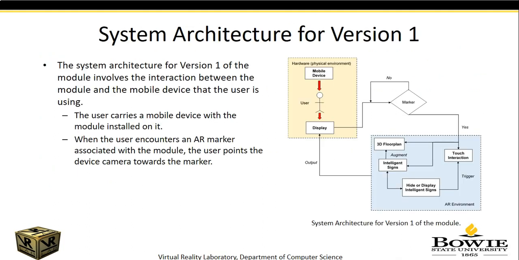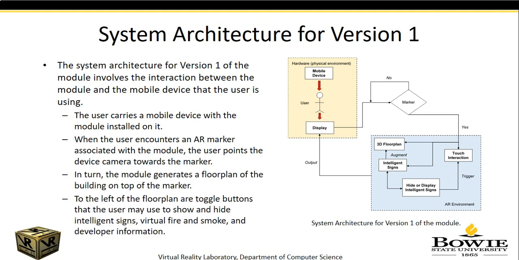The system architecture for version 1 considers the mobile device and the module and the interaction between the module and the mobile device. The user carries a mobile device with a module installed on it. When the user encounters an AR marker associated with the module, a floor plan is generated on the display of the device.